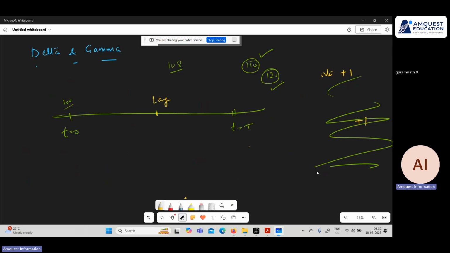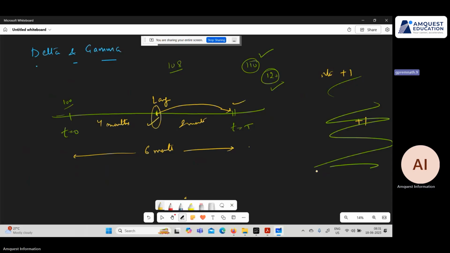If I'm short a contract, I'll buy a contract. Basically, I will take a long contract if this is 6 months, and this is 4 months, and this is 2 months, then I'll buy a long contract for 2 months. So effectively, I have locked in the price today itself. No matter whether it is 120 or 130 or whatsoever, I have made whatever losses I'm going to make, because you have locked it in.